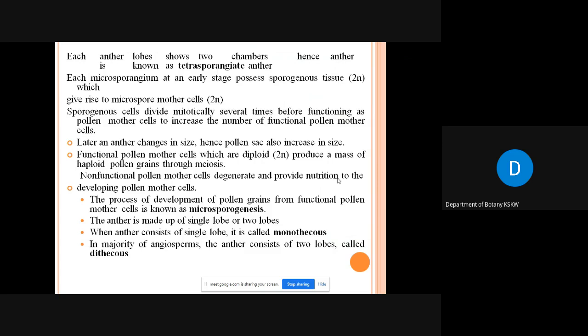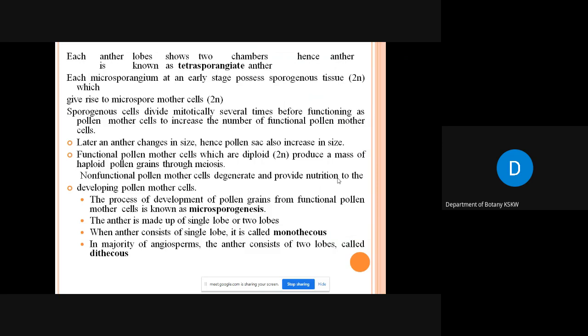Later on, the anther changes in size, hence the pollen sac also increases in size. Now, the functional pollen mother cells, which are diploid, will produce a mass of haploid pollen grains by entering meiosis. Pollen mother cells undergo meiosis, which is a reduction division, because of which there is formation of haploid pollen grains. So, PMCs are 2n, diploid, and later on, as they enter meiosis, they produce pollen grains which are haploid, or n.